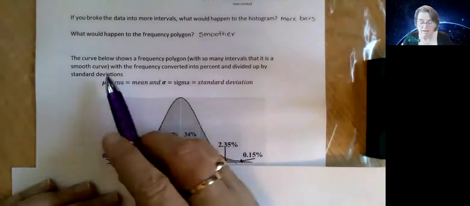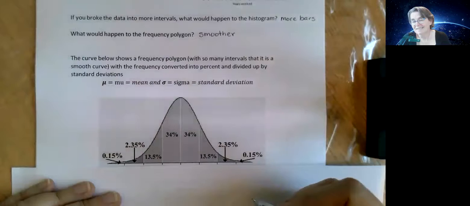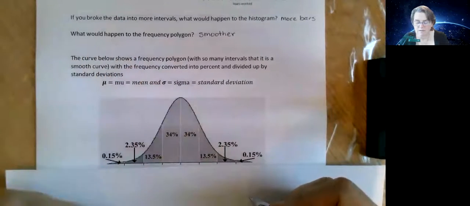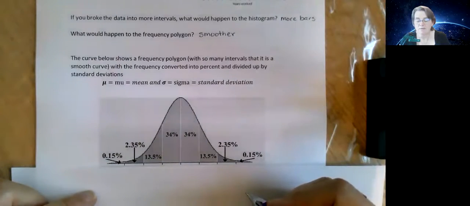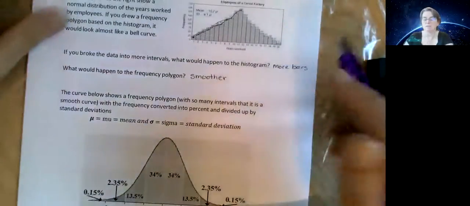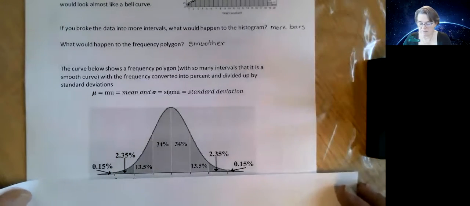All right, the curve below shows a frequency polygon. Kind of, and I'm just going to call it a frequency polygon with so many intervals that it made this beautiful smooth curve for us. And instead of having frequencies, like the number of people at the cereal factory, it's been converted into percents.